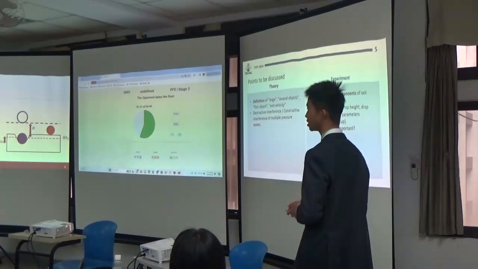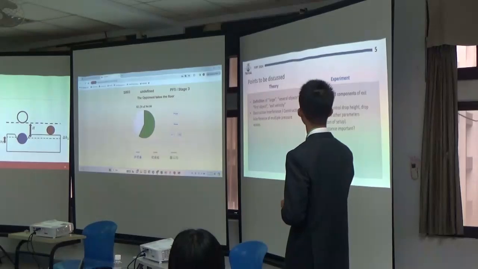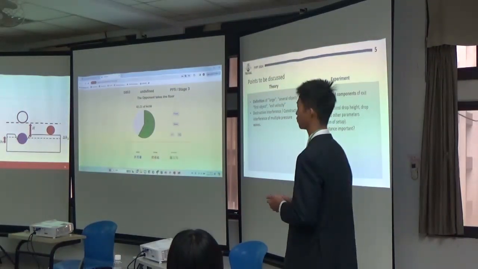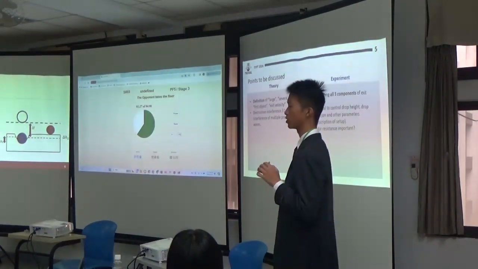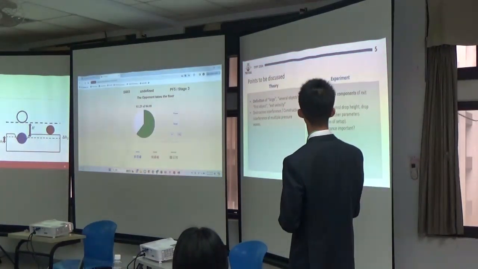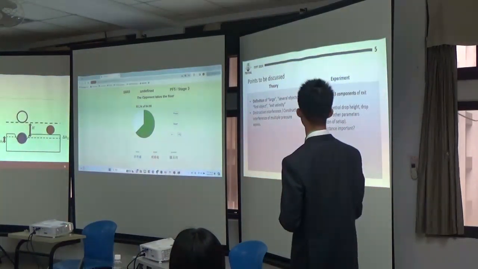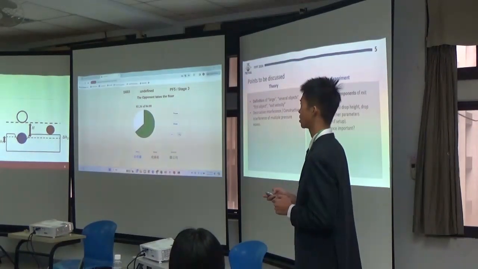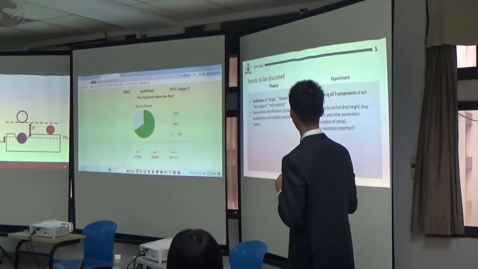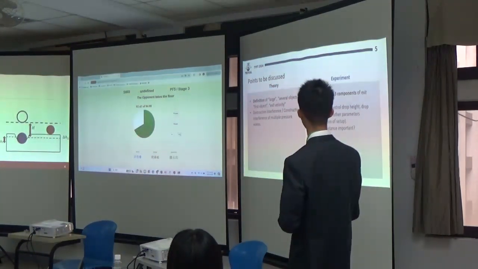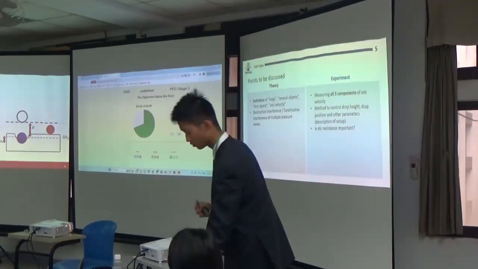And for the experiment, since velocity is a vector, I would like to discuss with the reporter whether all three components of exit velocity should be considered. And also, because the reporter didn't show a very clear experimental setup, I would like to discuss the methods that the reporter used to control the experiment. And also, I mentioned earlier that the reporter measured the height to derive the initial velocity. So maybe air resistance could be an important factor, and I would like to invite the reporter.